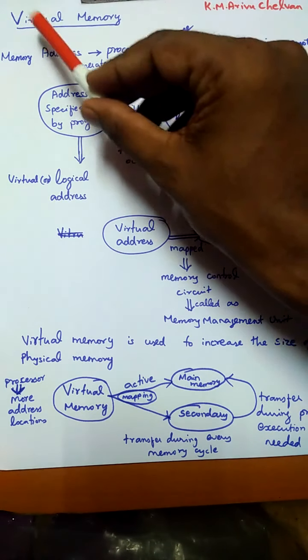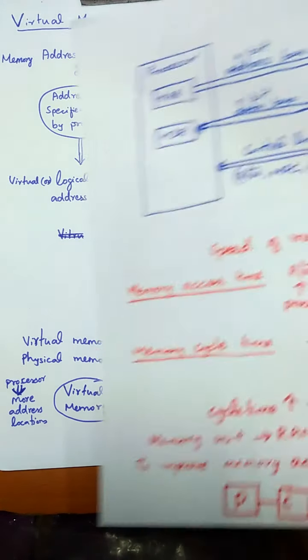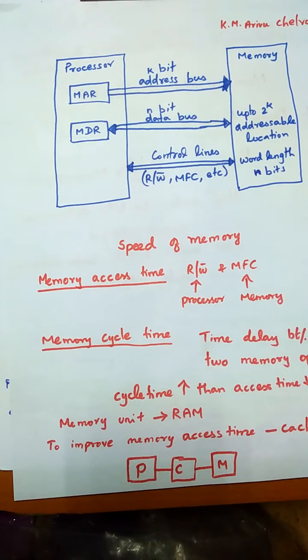Next topic is virtual memory. Virtual memory is one of the important topics in our system. It plays a major role in our system. Before seeing virtual memory, let us see this diagram again.